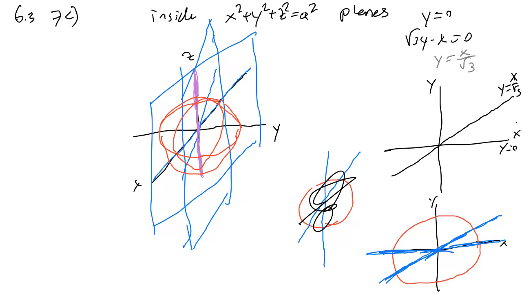If I look at my 3D picture, it must be bounded by these two planes, and it must be in the first octant. So I can see it's in this little slice over here, between that plane and that plane, and the first quadrant corresponds to this part over here, between these two lines.